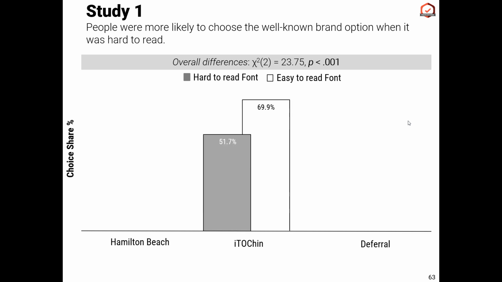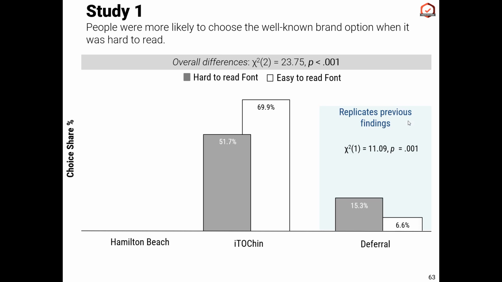So following our prediction, we found that people were more likely to choose the option with a better brand name when it was hard to read the information. As you can see, people choose more often the option with better systematic cues, which is the high-power blender, when it's easy to read the information.